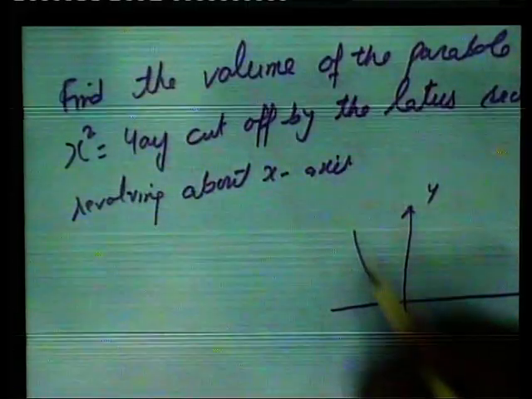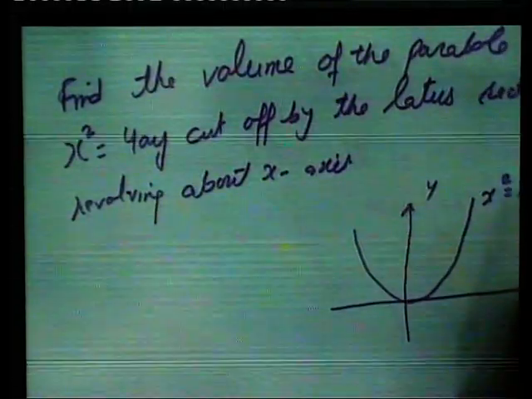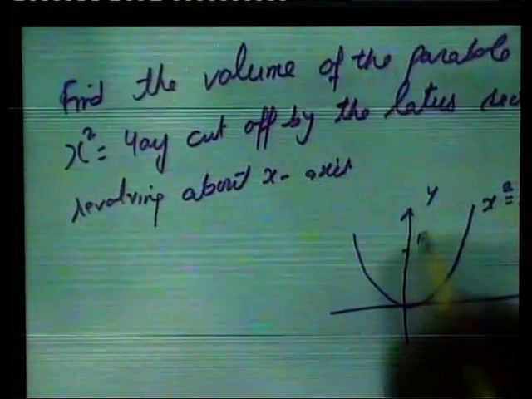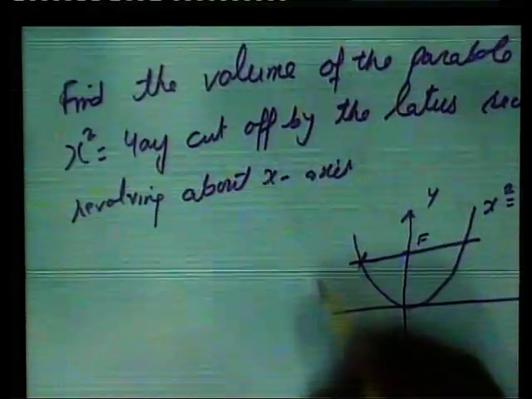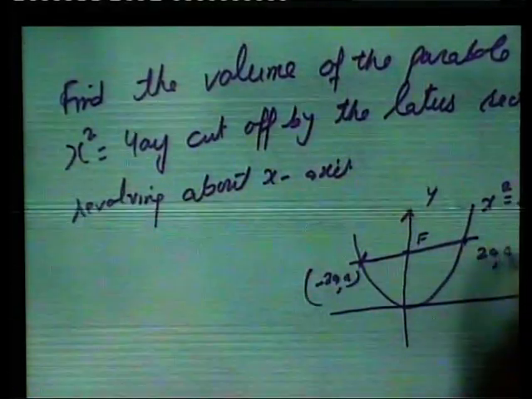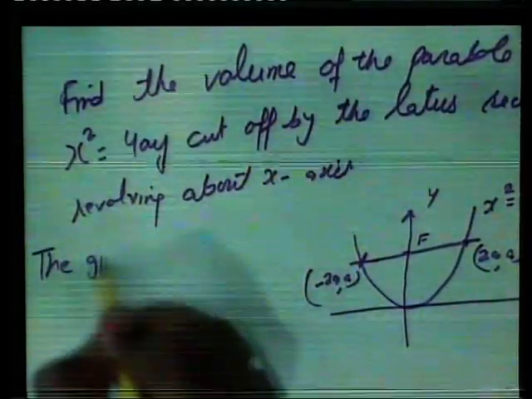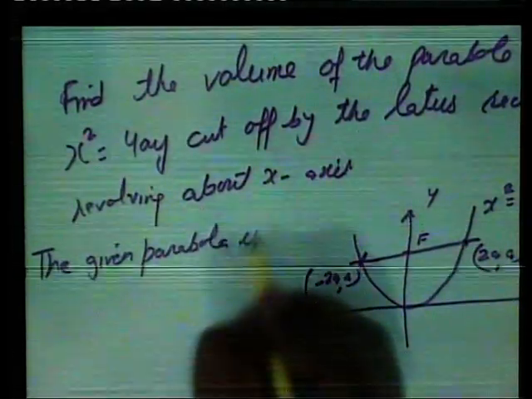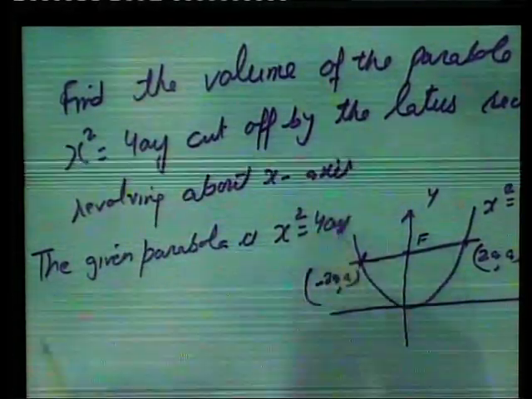x square is equal to 4ay, upward parabola, and its latus rectum is the line passing through the focus perpendicular to the axis. The given parabola is x square is equal to 4ay.